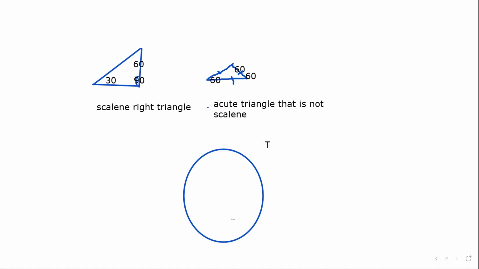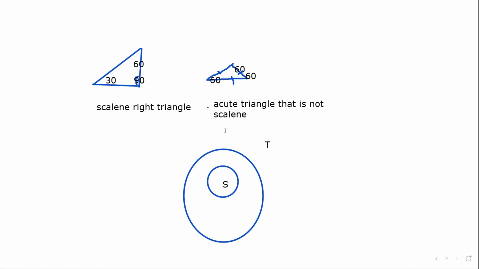You've got some scalene triangles in here, not all of them, but let's say this is the set of scalene triangles. Call it S. We've got acute triangles that could be scalene.